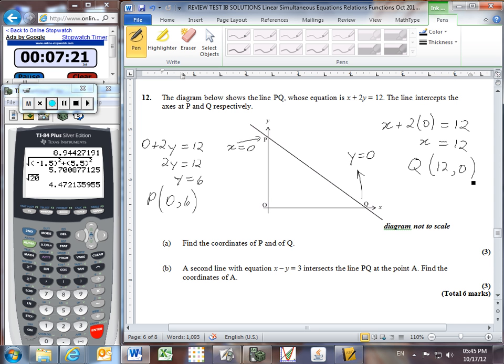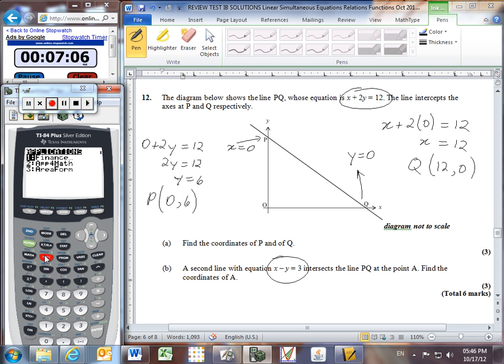Part B, we've got the second line with that equation, which intersects the line PQ at point A. So in other words, we've got this equation, and we've got this equation. We want to find out where they intersect. Well, this is going to be a time then to use PolySimult, so that we can find the intersection, or the solution of this system of simultaneous equations.